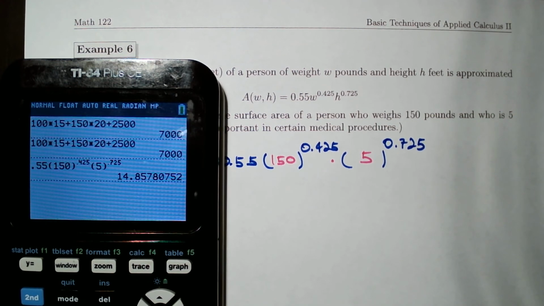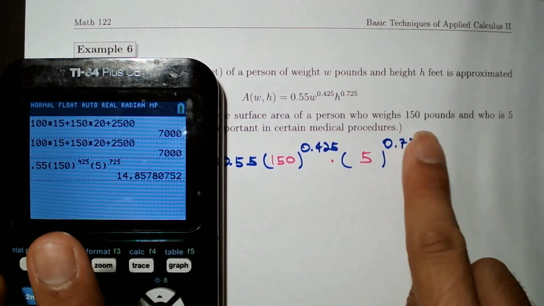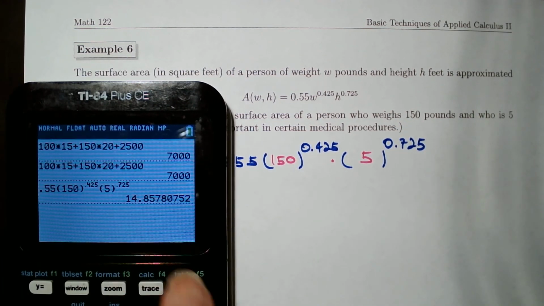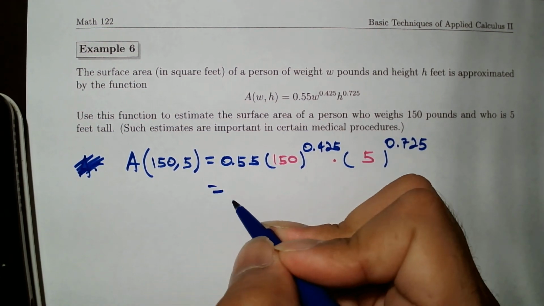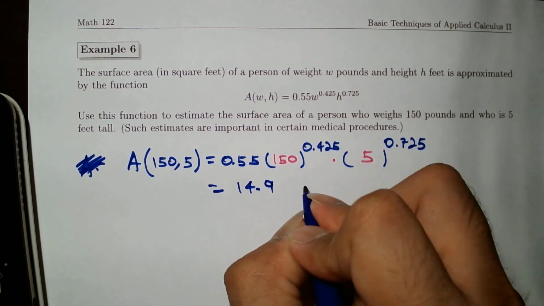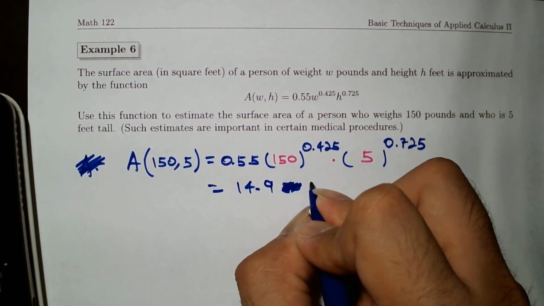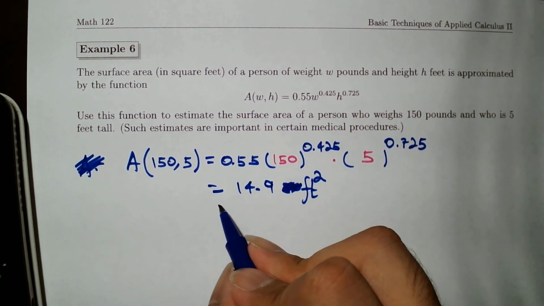So we get 14.85. And typically we round to one more decimal than the data that is given. So in this case we were given all integers, so we round to one decimal place, which will be 14.9 feet squared. Those are going to be the units.